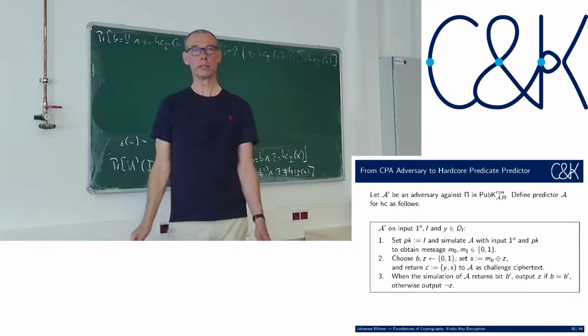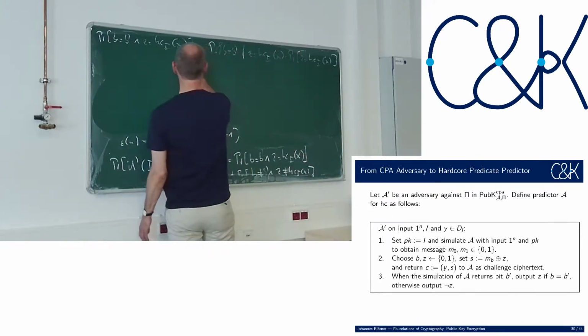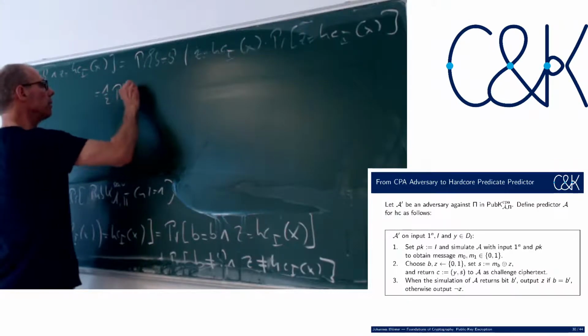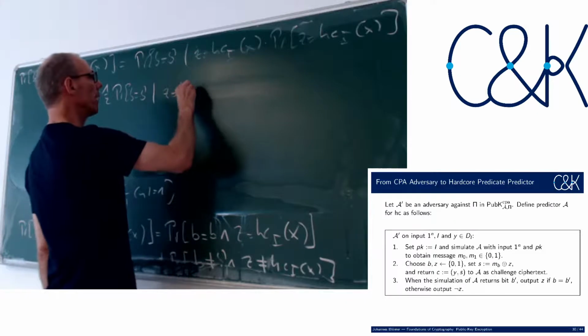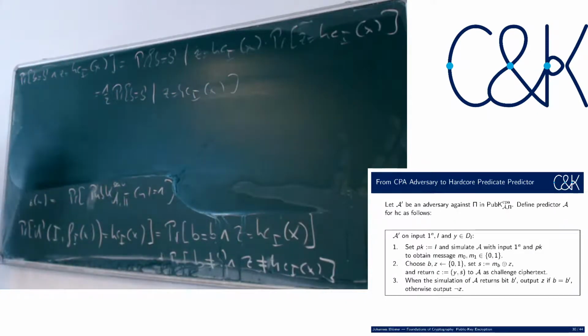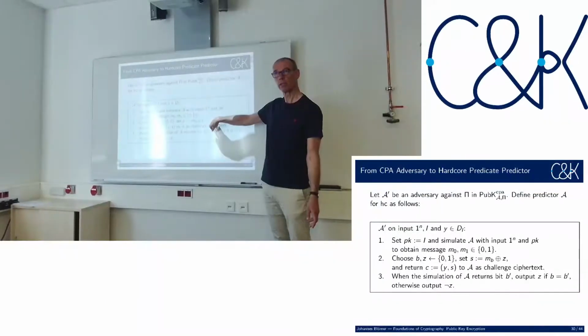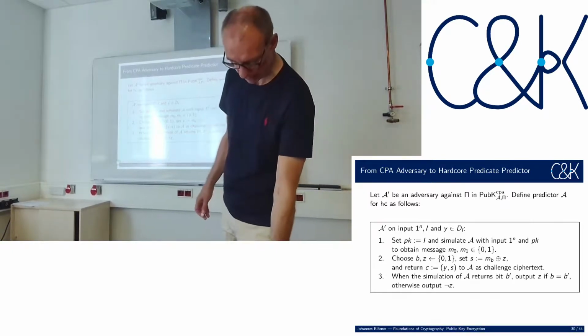Conditional probabilities. This is 1/2. This is 1/2 times the probability that B is equal to B prime conditioned on Z is equal to HCI of X. But if Z is equal to HCI of X, then what A gets here is a challenge as in the eavesdropping game, because then this is a correct ciphertext.